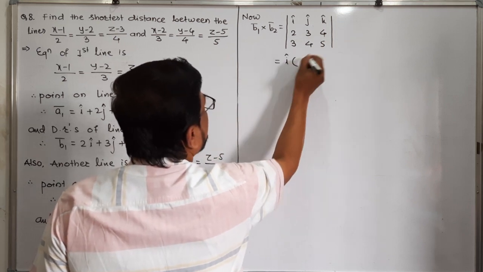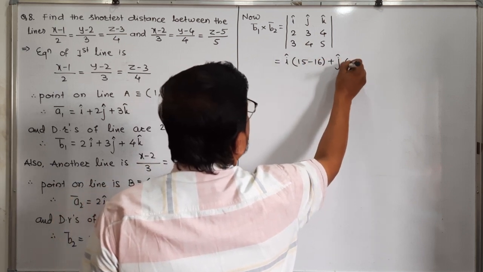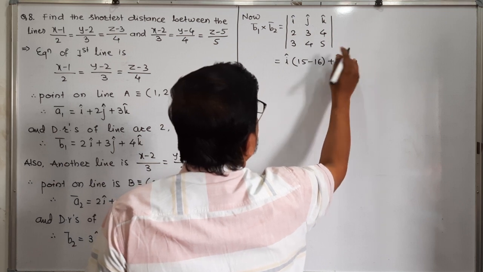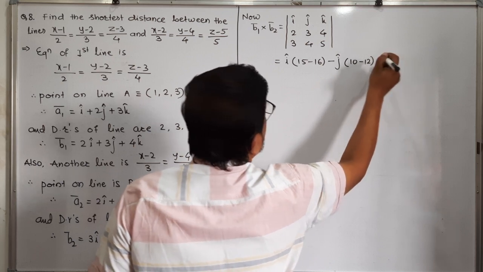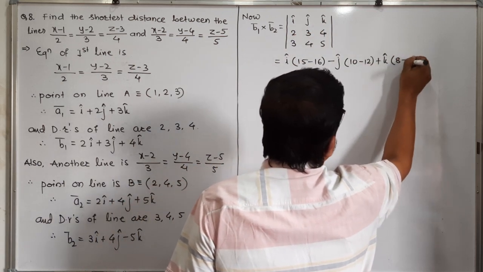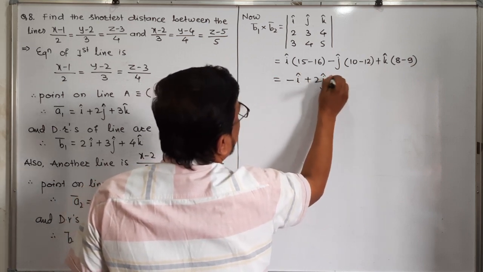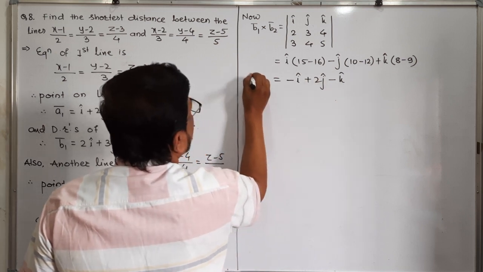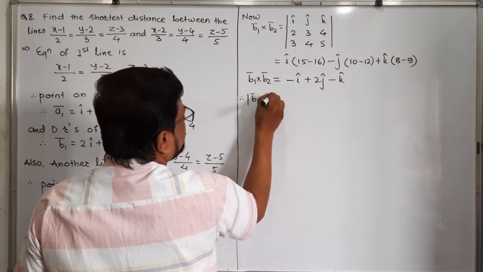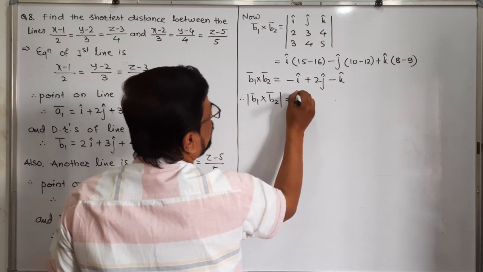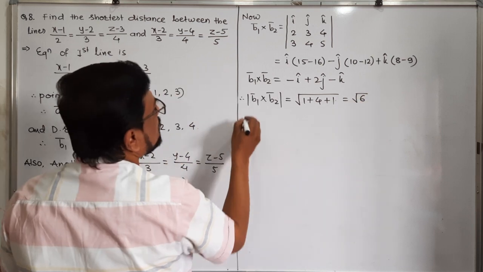Therefore i cap into bracket 15 minus 16, minus j cap 10 minus 12, plus k cap into bracket 8 minus 9, means it is minus i cap plus 2j cap minus k cap. This is b1 vector cross b2 vector. Therefore magnitude of b1 cross b2 is equal to under root of 1 plus 4 plus 1, that is equal to root 6.